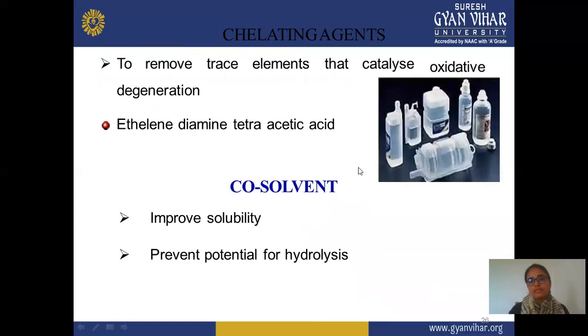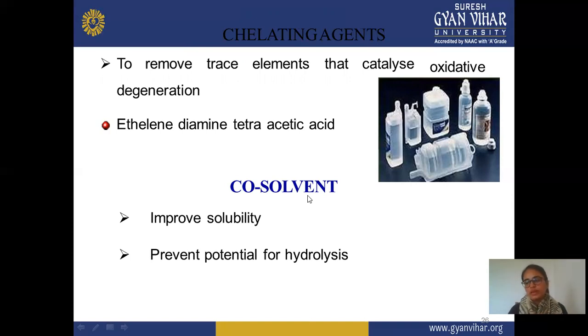Next is a chelating agent. This chelating agent is mainly used to prevent your formulation from chelate formation and to remove the trace elements that catalyze oxidative degradation. Ethylene diamine tetraacetic acid is the example of this chelating agent. Next is a co-solvent. This is also a solvent, or acts as an influence on property or solubility.